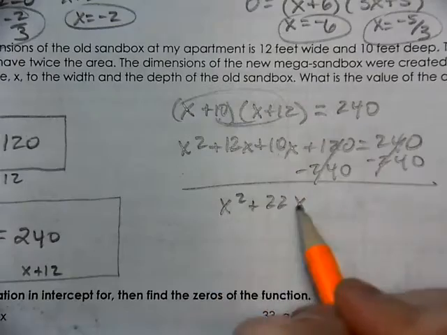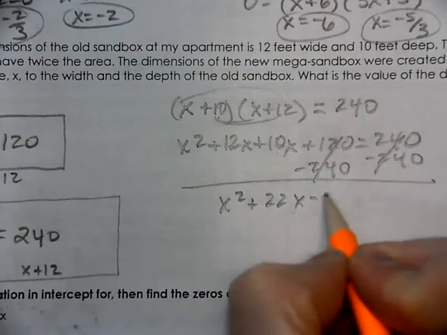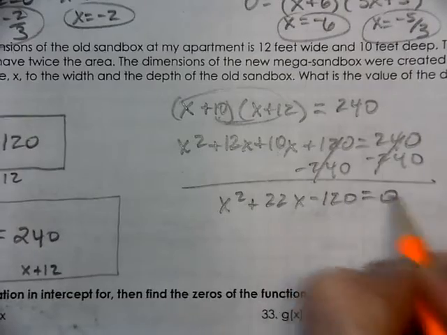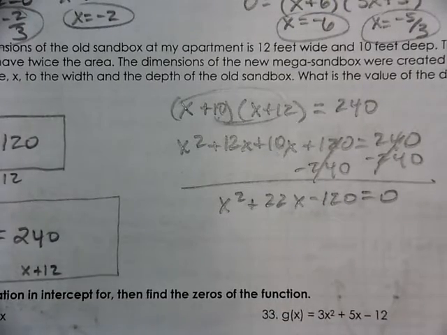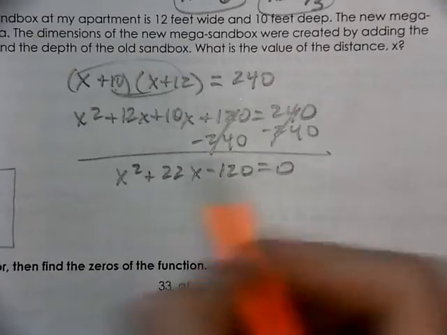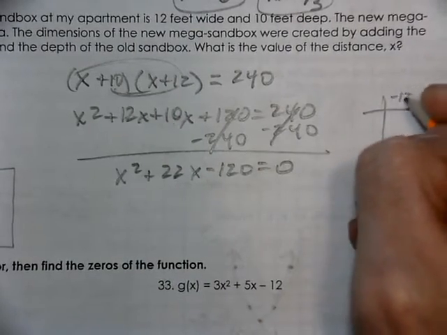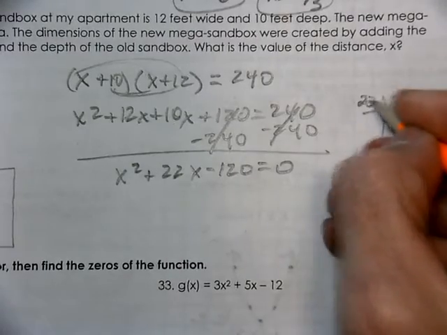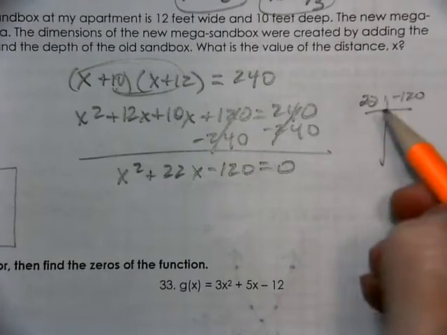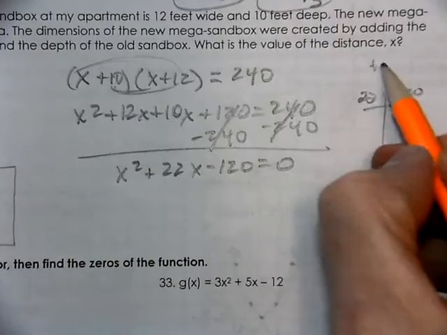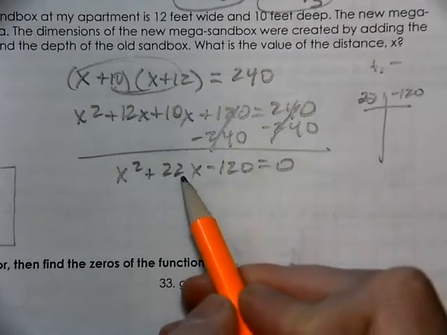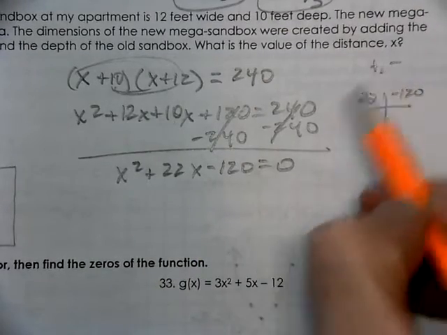12 plus 10 is 22x, and we get negative 120. Now we want to see what multiplies to be negative 120 but adds to be 22. We know that the two signs have to be different and the larger number has to be positive.